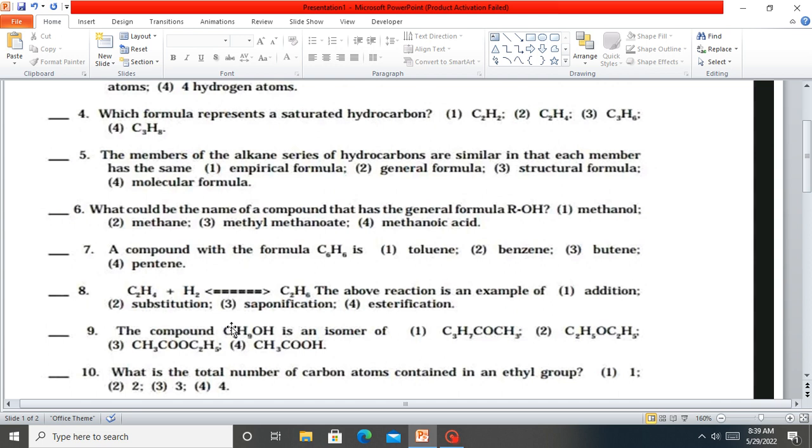The compound C4H9OH is an isomer of which one? Isomers have the same number of atoms, but they may have different structural formulas. So which of these? Is it the first one? You have 1 carbon, 2 carbons, 3 carbons here, 4 carbons, 5 carbons. Is it the same here?